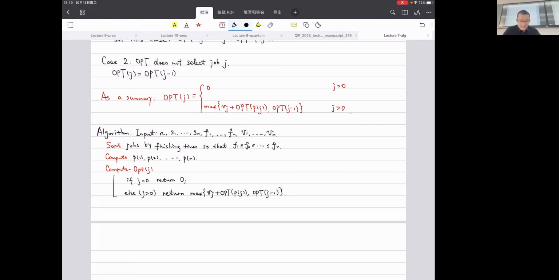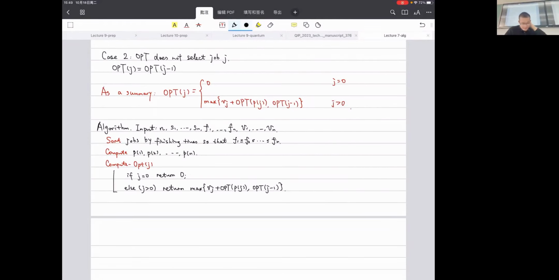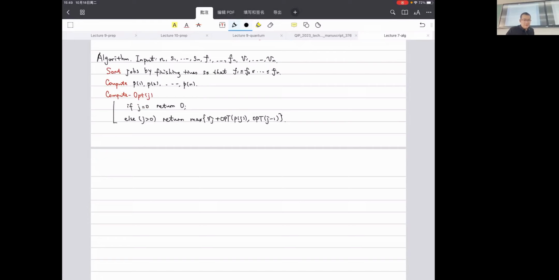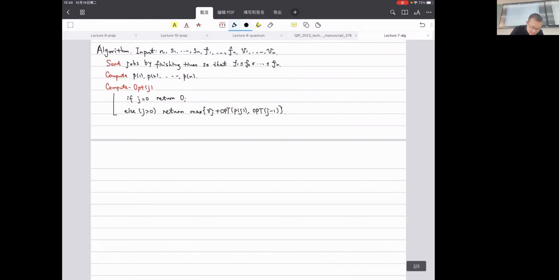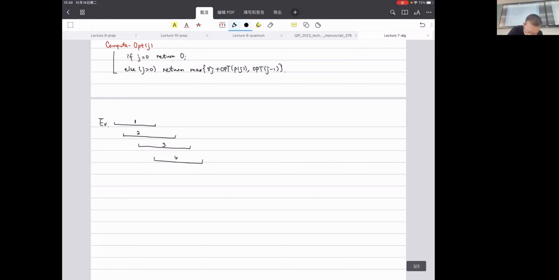So one issue, as Bo had mentioned, is that in general the recurrence can be quite expensive here. Why is this the case? Let's think about this relationship. Let's assume that we have an instance with such intervals. This is the first interval, this is the second, this is the third, maybe this is the fourth, and maybe this is the fifth.